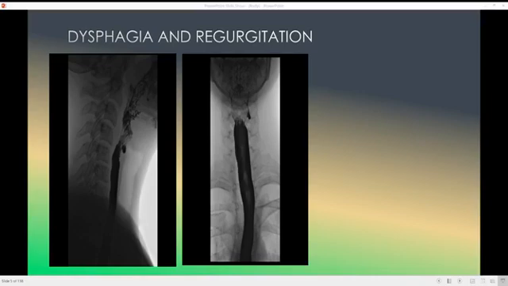We received one answer: Zenker diverticulum. Someone said it is Zenker diverticulum. No, it is not Zenker diverticulum. Can you think of another thing?